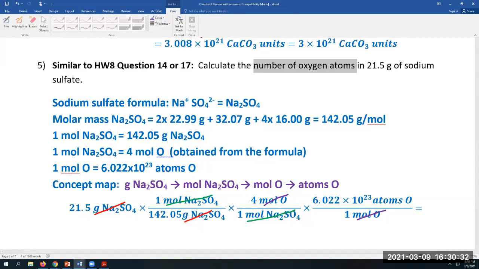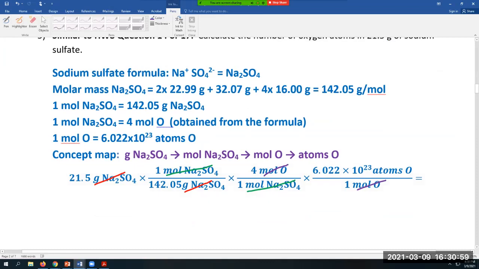Use the second function to have the EE key and then write the exponent 23. Because you use the scientific notation, there's no need for parentheses here. And then divide by the only denominator that matters here, 142.05 grams of sodium sulfate, equals.